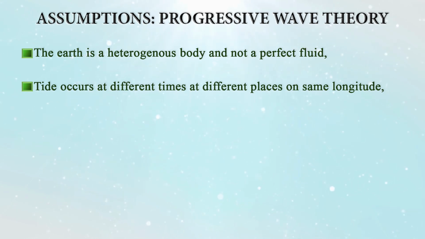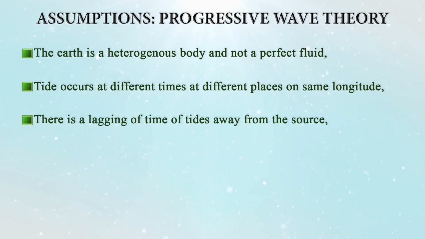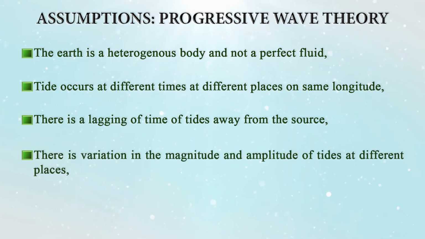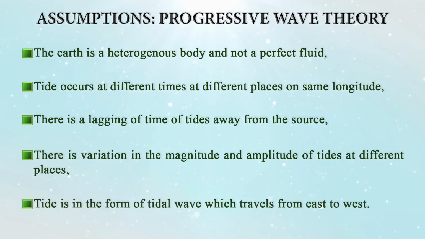So it is trying to explain the variation in time of high tides along the same meridian, and there is a lagging of time of tides away from the source, and there is a variation in magnitude and amplitude of tides at different places, and tides are in the form of tidal waves which travel from east to west. Since the earth rotates from west to east, these portions will come directly under the moon, and so tides will move from east to west.